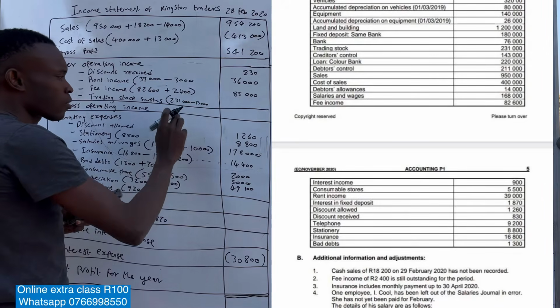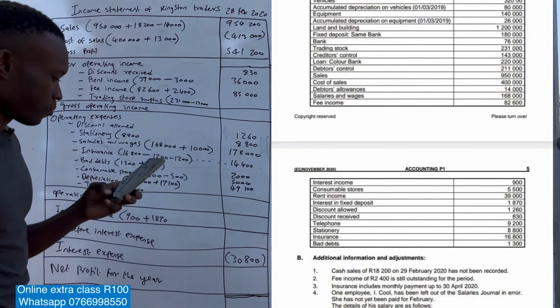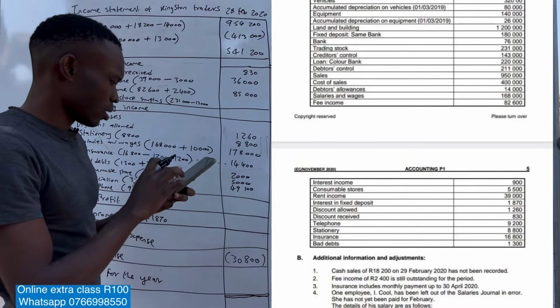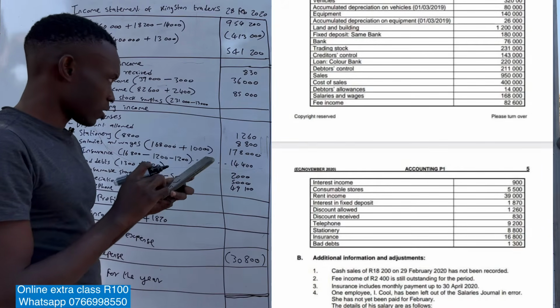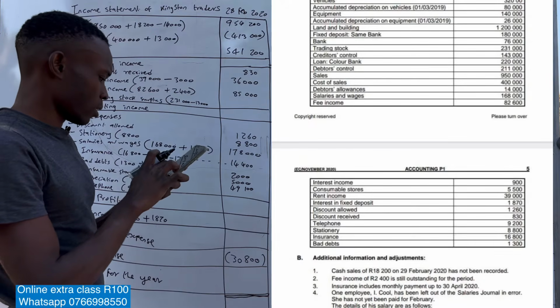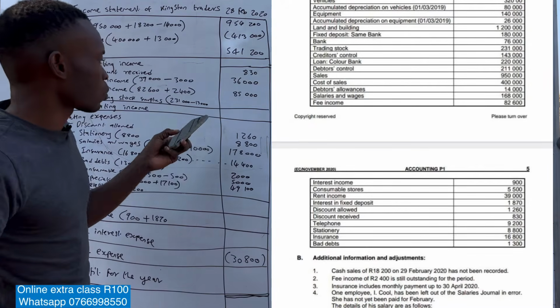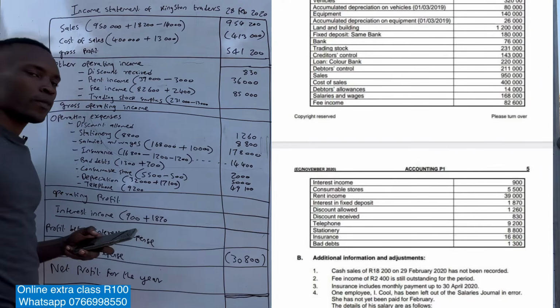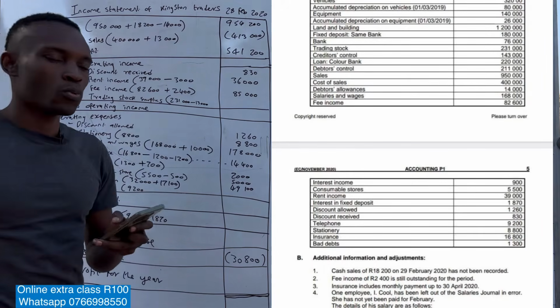So let me calculate so that I can explain properly. 231,000 minus 13,000 is 218,000.